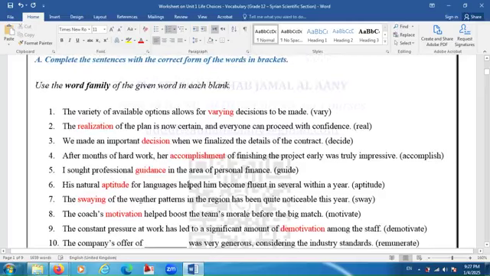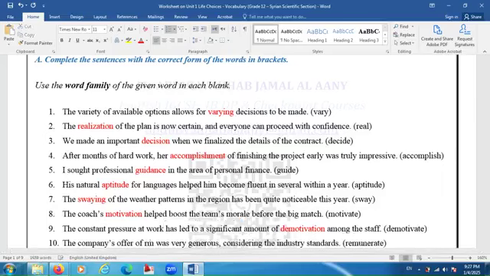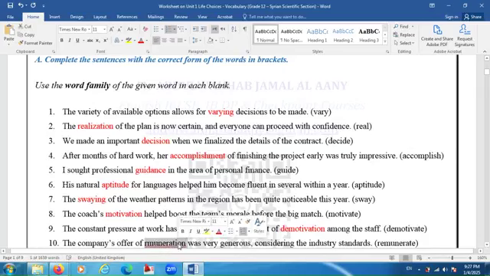The company's offer of remuneration was very generous considering the industry standards. Remunerate, and I need the noun, remuneration.